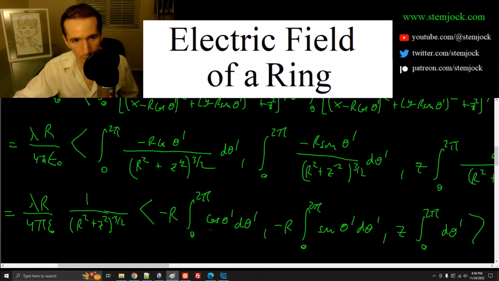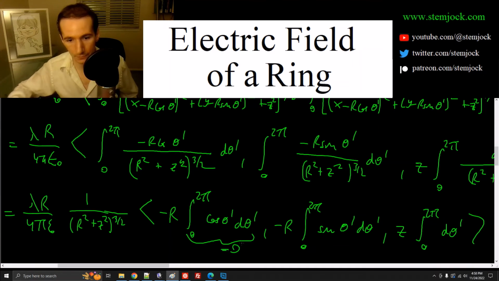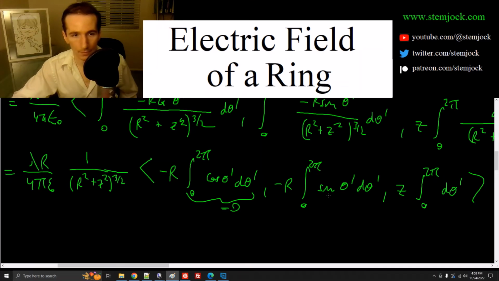So the antiderivative of cosine is just sine. Sine of 2 pi minus sine of 0 is just 0. So this integral is 0. The antiderivative of sine is negative cosine, and negative cosine of 2 pi plus cosine of 0 is negative 1 plus 1. That's also 0.